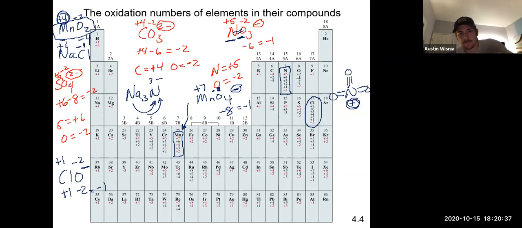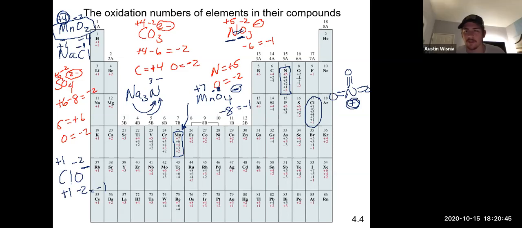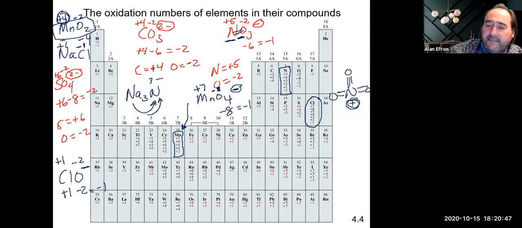Last thought to get out is just that chlorine. So you're saying with this hypochlorite, it's not that chlorine has a +1 charge. It's just behaving like it does in that compound. Exactly. Remember, in something like hypochlorite, they're actually sharing electrons, the chlorine and the oxygen, so they're covalently bonding together.